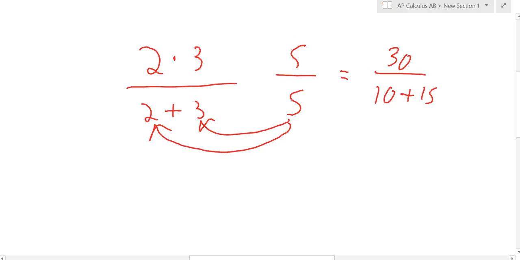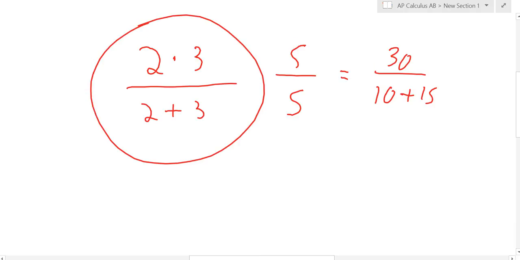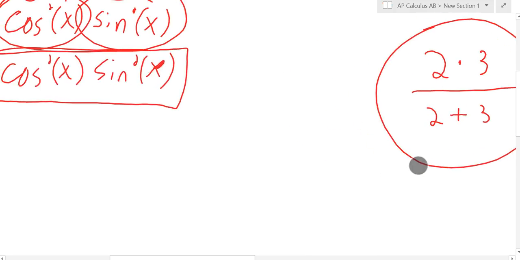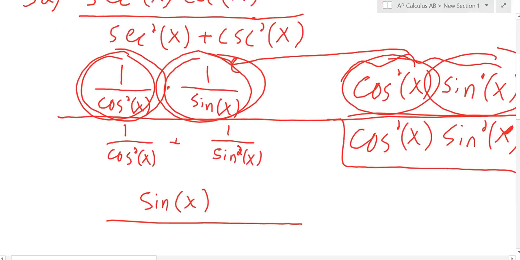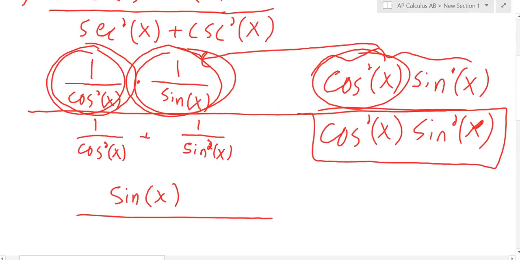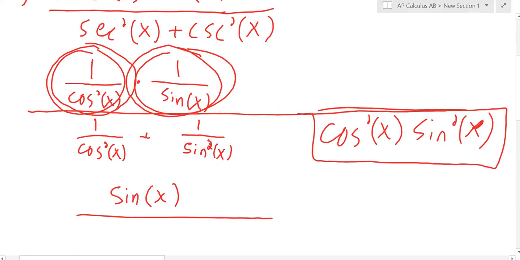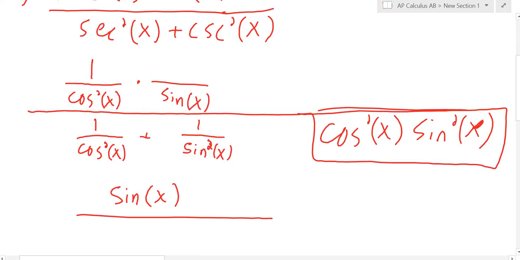Now, with arithmetic, when it's numbers, we have the luxury of doing this first. I can make that 6 over 5 and then multiply if I wanted to. With the trig stuff, we don't have that luxury, but it's the same kind of concept. So when I multiply both of these over to here, maybe we can write this out a little bit better. I'm multiplying sine squared times cosine squared to these two fractions. So all we're going to do is put a sine squared here and a cosine squared here.